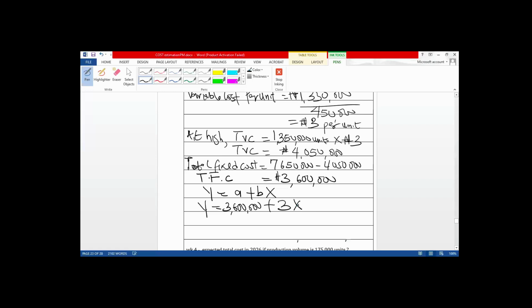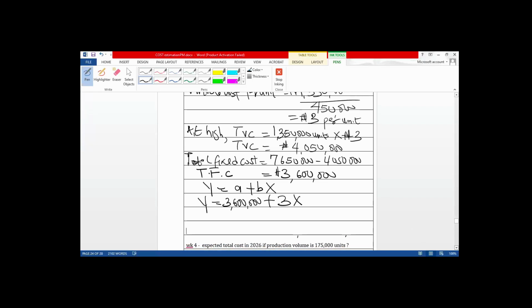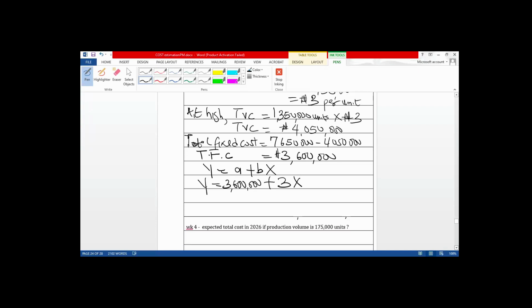This is the cost equation for 2026. I hope it's clear, please. Yes, sir.